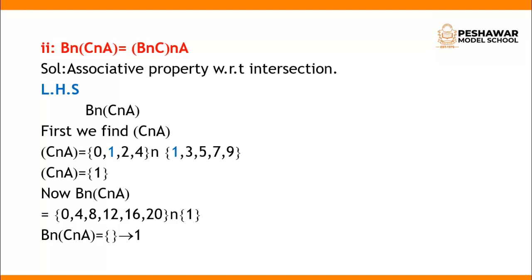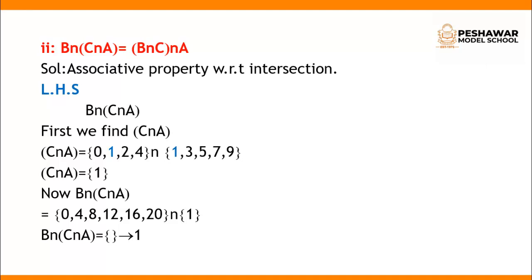Now we have to combine this C intersection A with B and take the intersection. So now B intersection bracket C intersection A. Now we put the elements of set B, that are 0, 4, 8, 12, 16, 20.